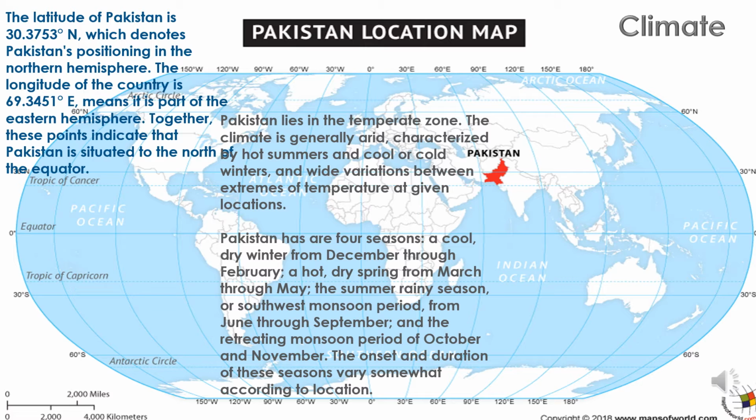Now we will talk about the climate. The latitude of Pakistan is 30° north, which denotes Pakistan's positioning in the northern hemisphere. The longitude of the country is 69° east, which means it is a part of the eastern hemisphere. Together, these coordinates indicate that Pakistan is situated north of the equator.